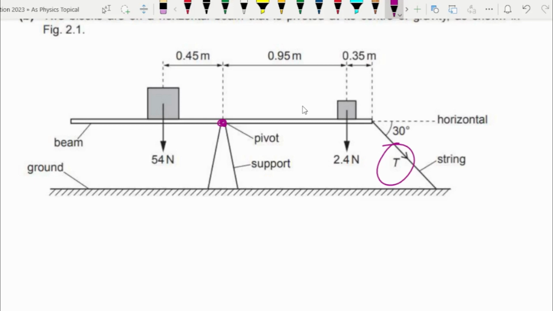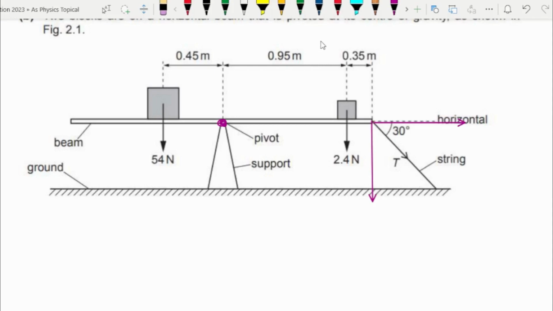So you need to resolve into components. Either you resolve the distance into components or this force into components. The better option is to resolve the tension T into components, and consider the component that is perpendicular to the distance from the pivot. One component you can draw towards the right side, and one downwards.